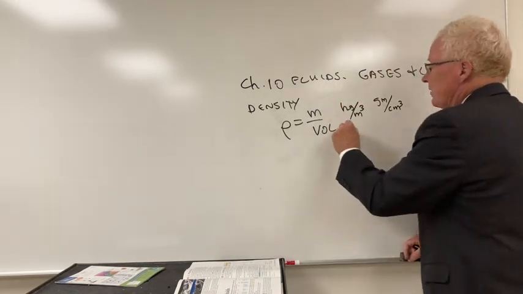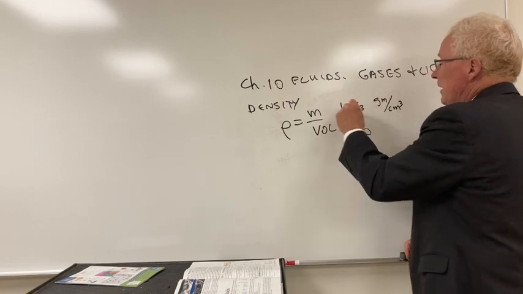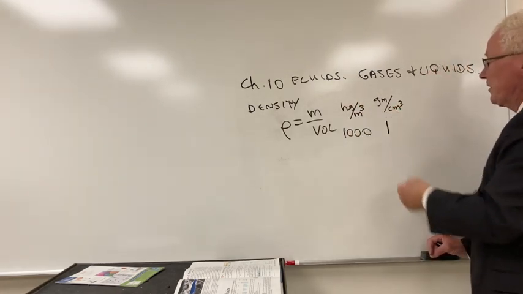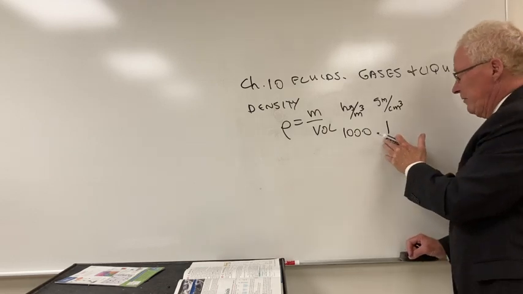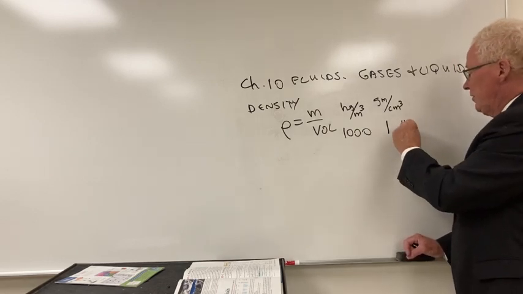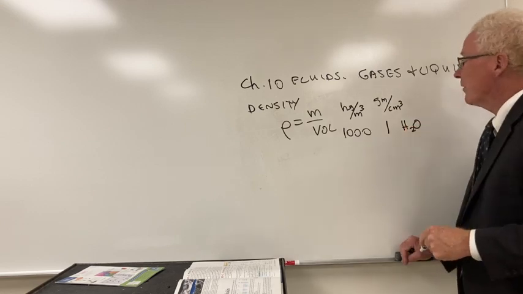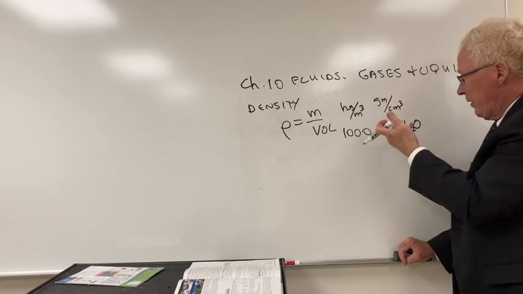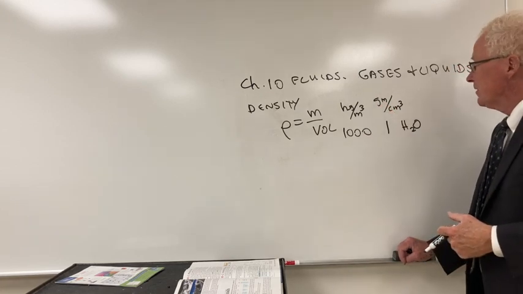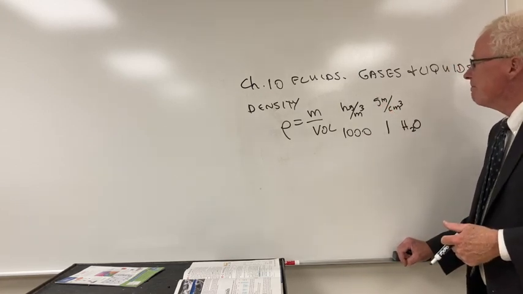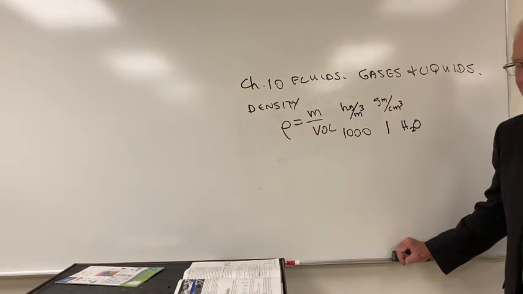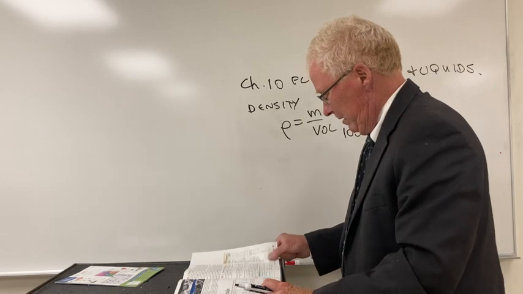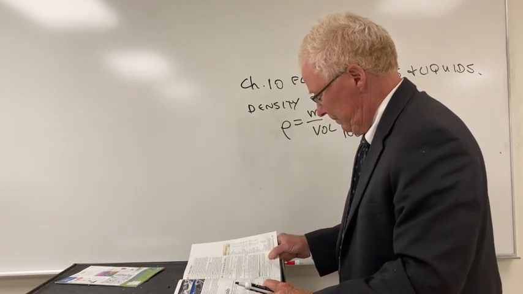So water has a density of 1,000 in those kind of units, or 1 gram per cubic centimeter, which is why you have specific gravity relative to water. All right, so density of water is 1 gram per cubic centimeter. That's how the gram was defined. Okay. All right, so we have density and specific gravity.